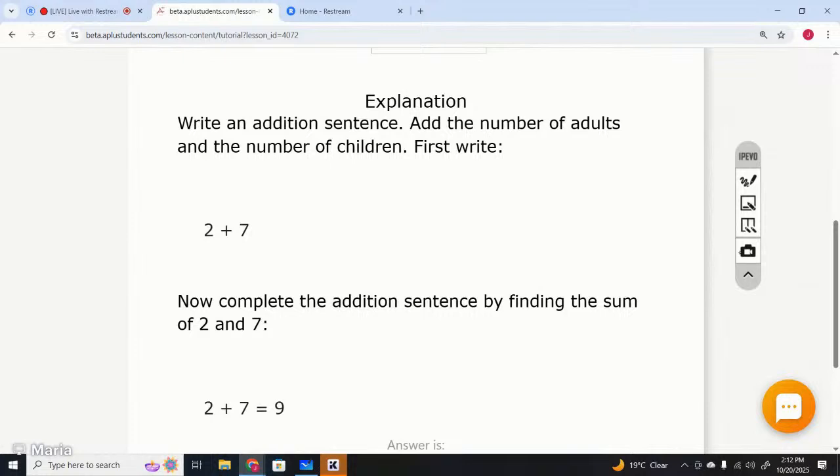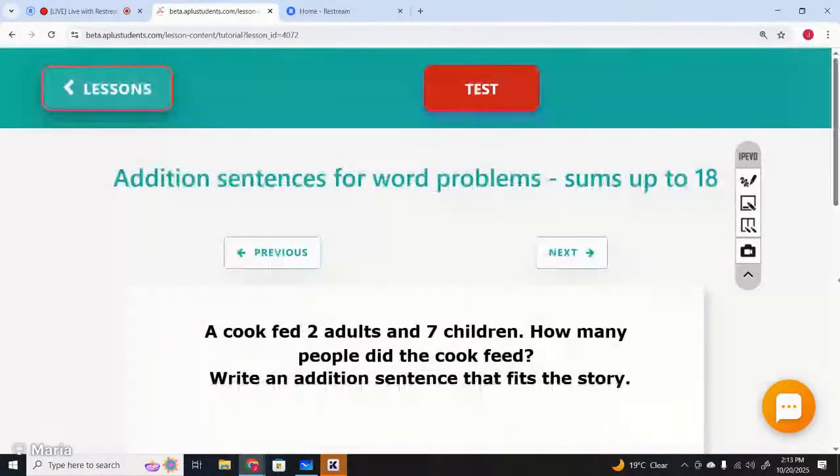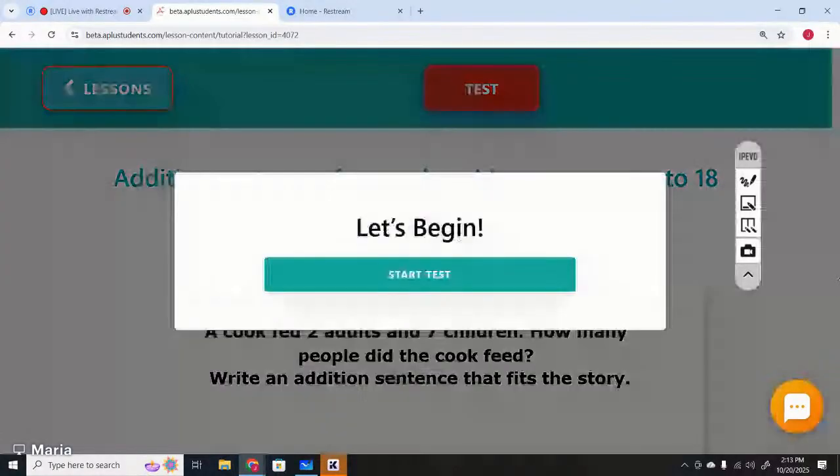That means the cook fed 9 in total, 2 adults and 7 children. Let's just start with test questions.